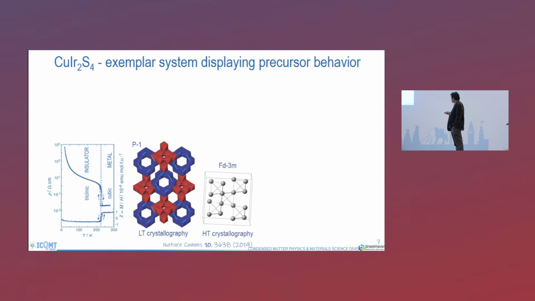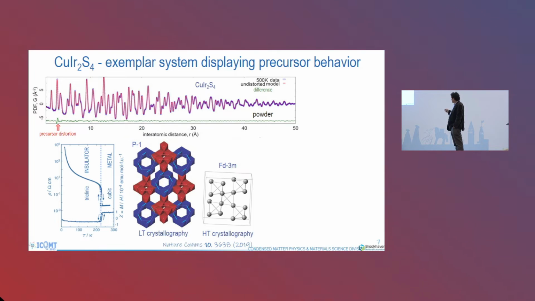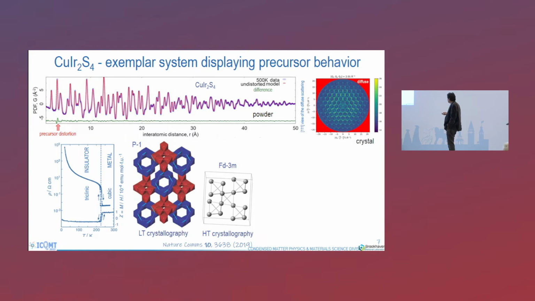If you take this PDF machinery on powders and you go to a very high temperature, 500 Kelvin, and you check the cubic model, you see that it works very well over a broad range of length scales, but it fails underneath this second peak, which is the iridium near-neighbor distance, suggesting that there is actually a local state at high temperature that has not been taken into account if you just consider crystallography.